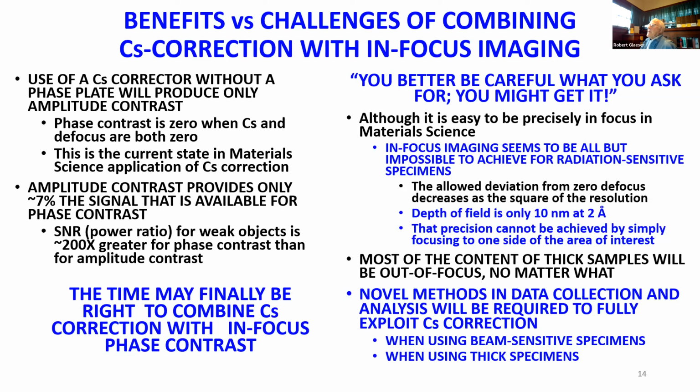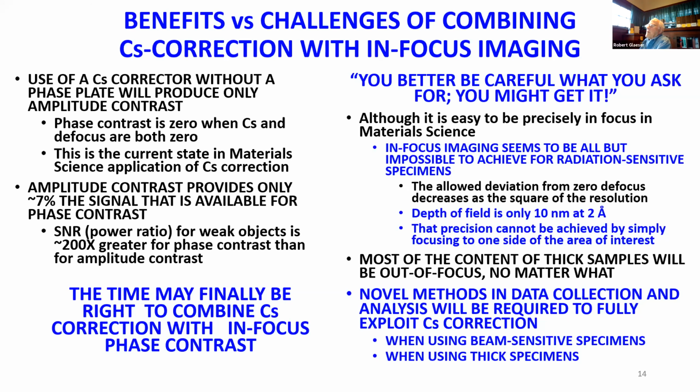And if you miss by 100 angstroms or so, you're going to get oscillations from defocus, even though spherical aberration is 0. So the depth of field is only about 100 angstroms at 2 angstrom resolution. So you have to really nail the defocus value, and you can't look at it while you're trying to do that. So it's quite challenging.